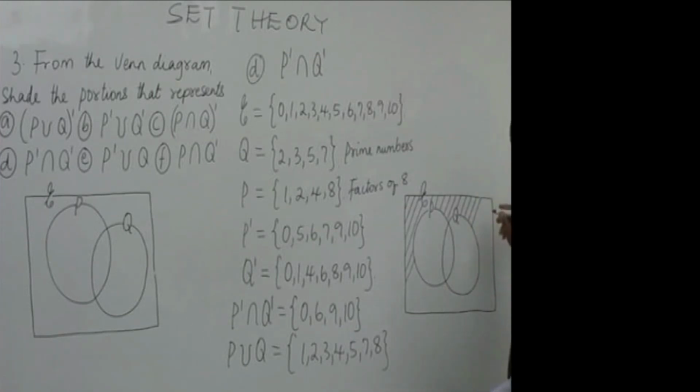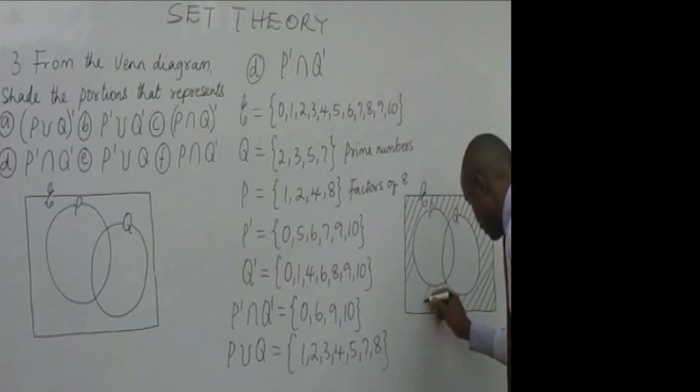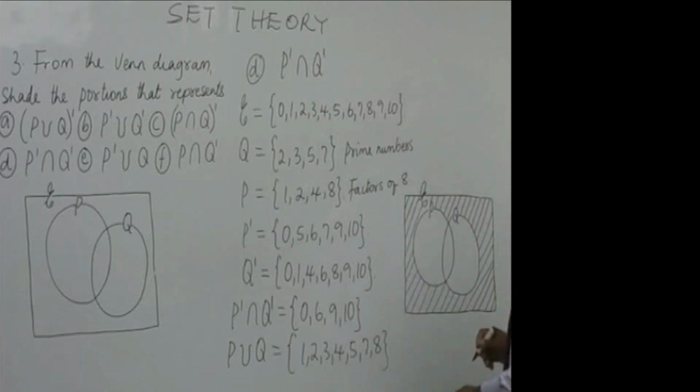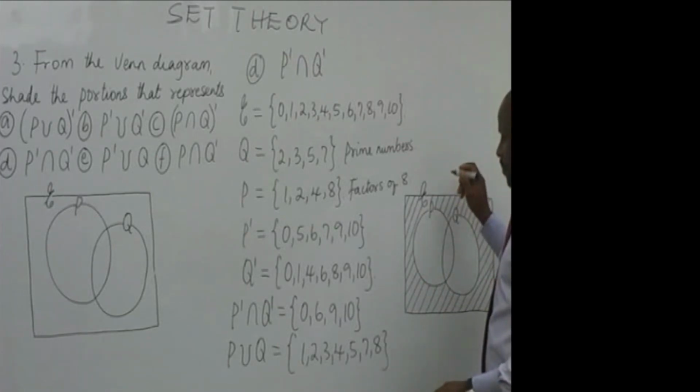Avoid P union Q. So this is your P prime intersection Q prime.